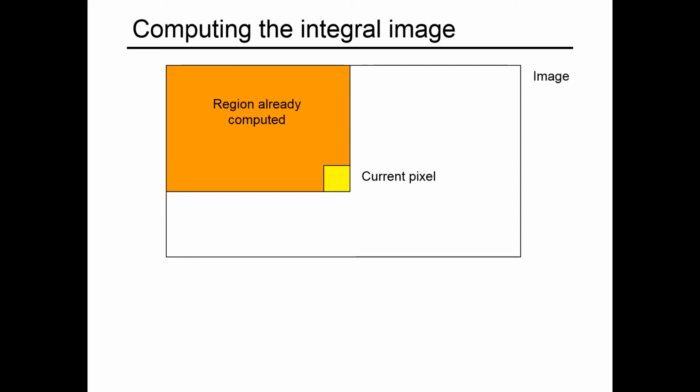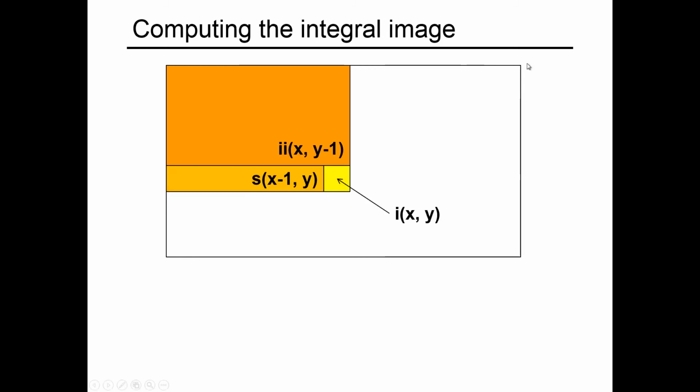So you have the original image, and you convert that into an integral image. The value of this integral image at a particular pixel, let's say at this pixel, is equal to the sum of all the pixel values in this rectangular block of the original image, basically all the pixels above and to the left-hand side.